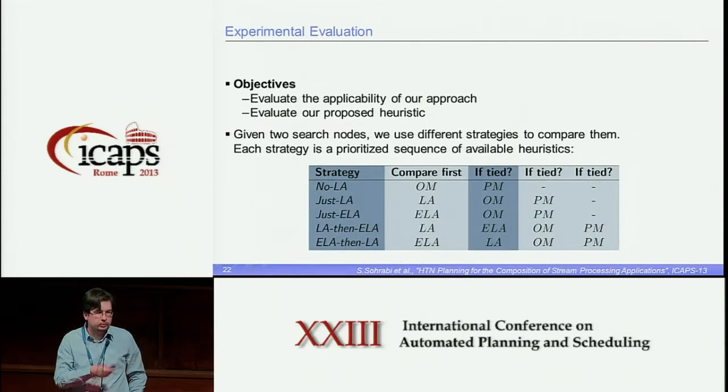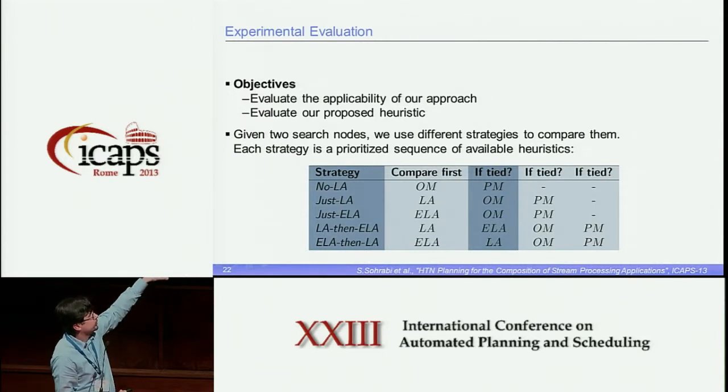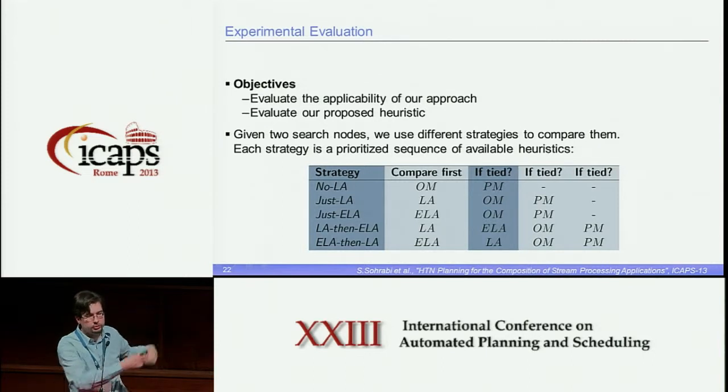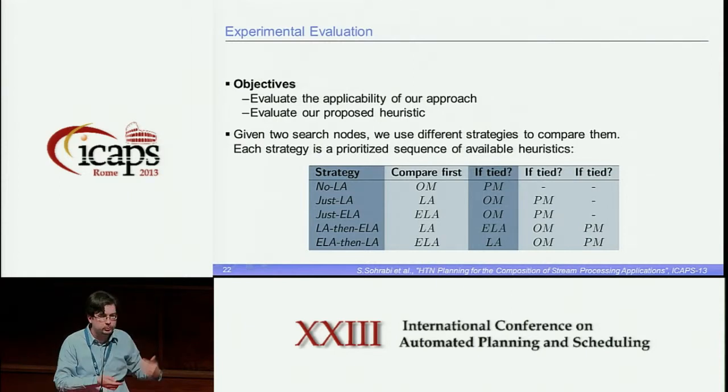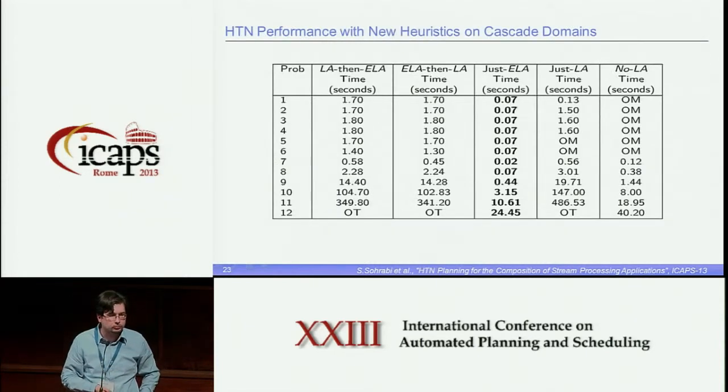When we wanted to evaluate the performance, we used the HTN Plan P planner. We configured it in the following way, so it could use only some of the heuristics, or heuristics in a certain order. The existing heuristics that were there, like look-ahead or enhanced look-ahead, which is the new one, or some combination.